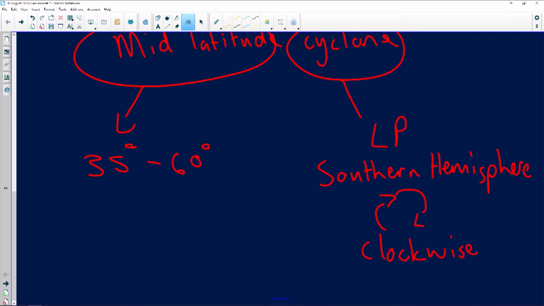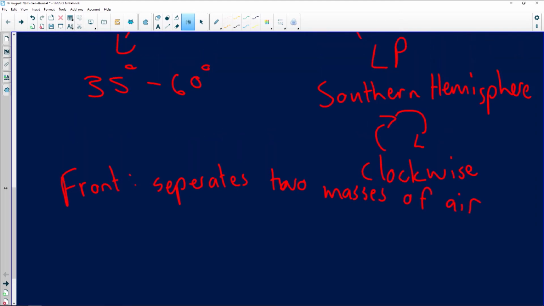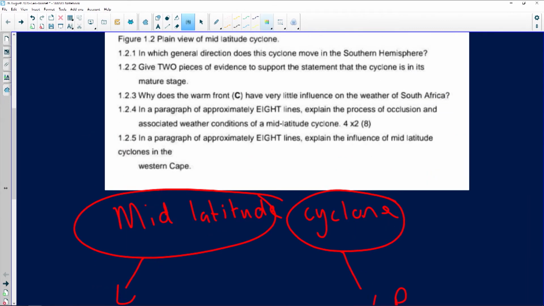Let's get that concept correct, so let's write it down: a front separates two masses of air.